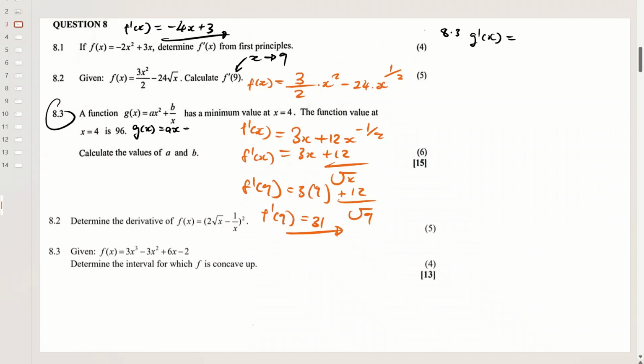Let me write it nicely. This is the same as a x squared plus b multiplied by x to the power of negative 1. So when we take the derivative there, you'll have 2ax and then minus b all over x squared. Reduce by 1, you have x to the negative 2.